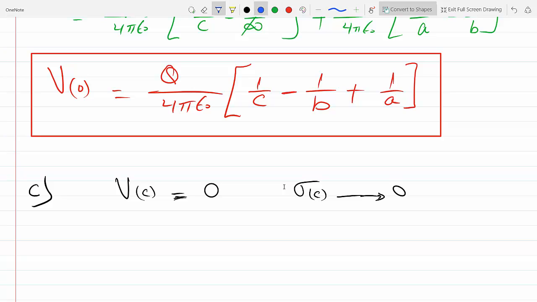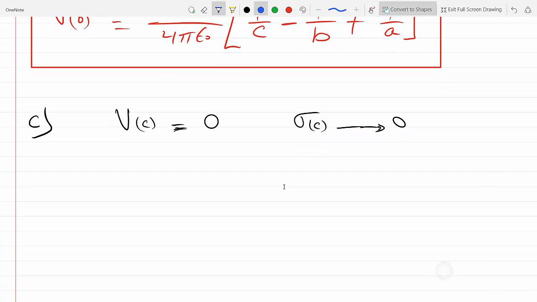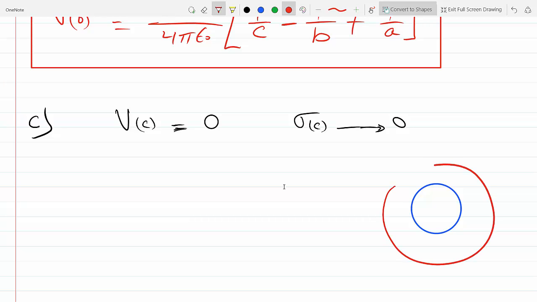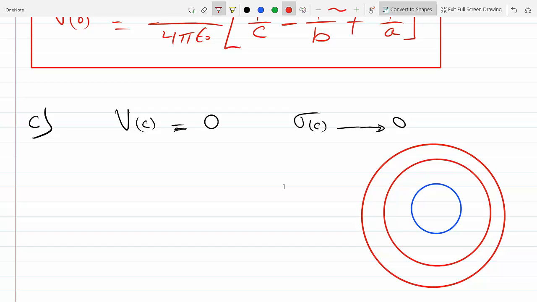And so how does that change the answers? Well, so now we have this shell, this sphere, and then we have the shell. This guy now is 0.